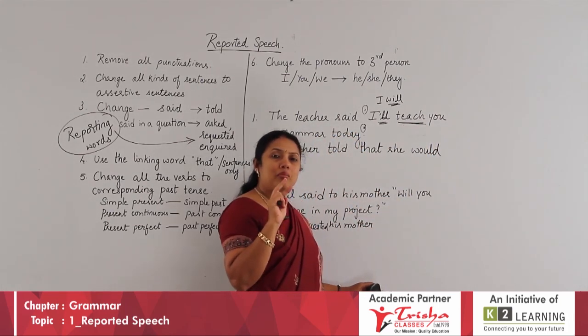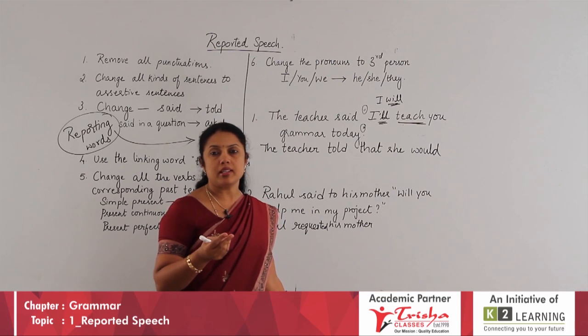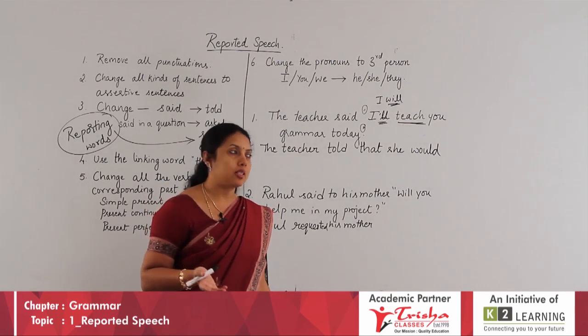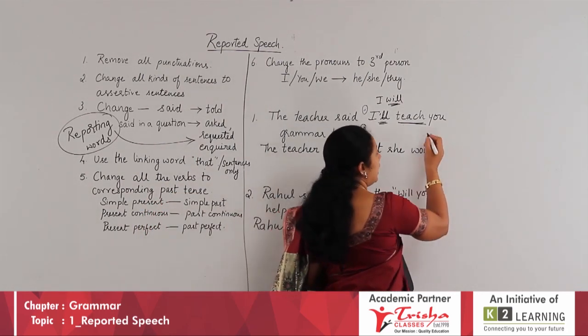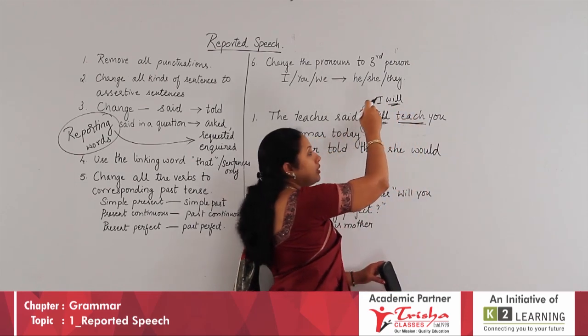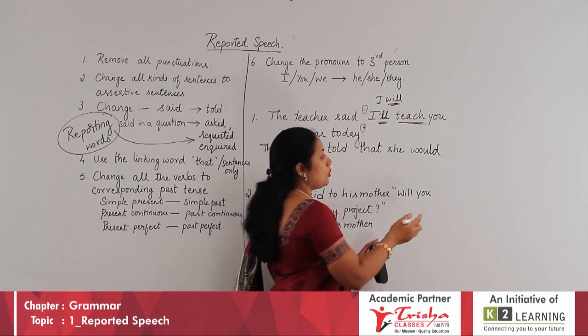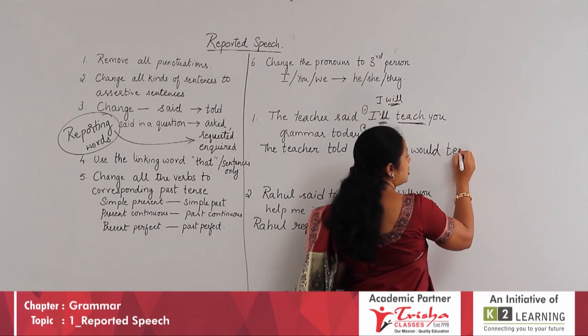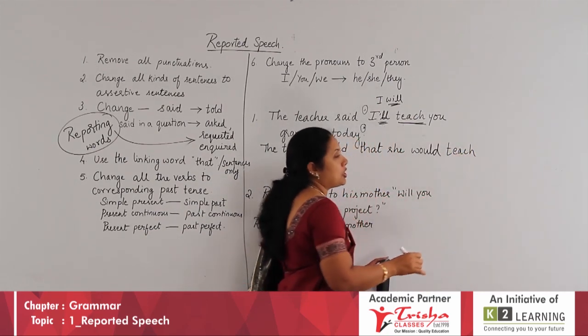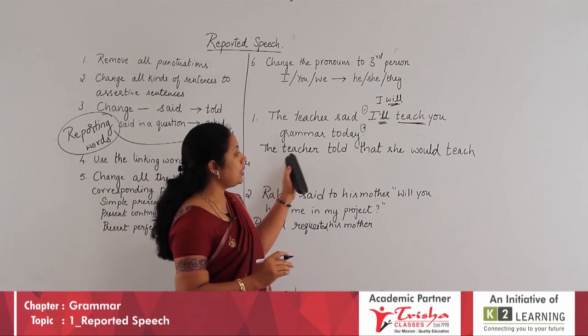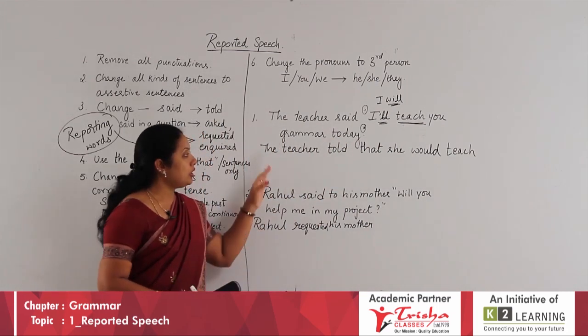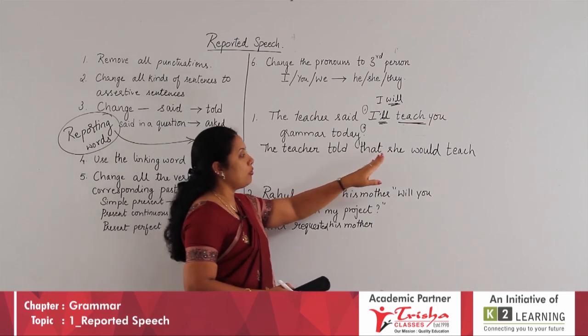That will be a nuisance. That's called redundancy. You will have to avoid such mistakes. So she would, and then now I have changed will into past tense, so teach has to be retained in the same fashion. She would teach. Okay, so that is how it changes. The teacher told that she would teach.